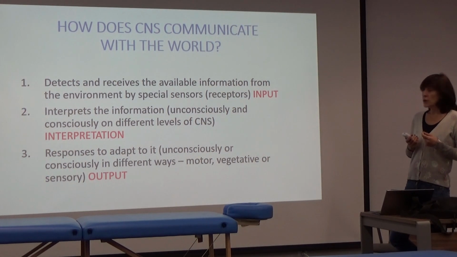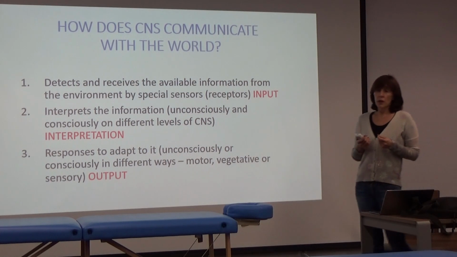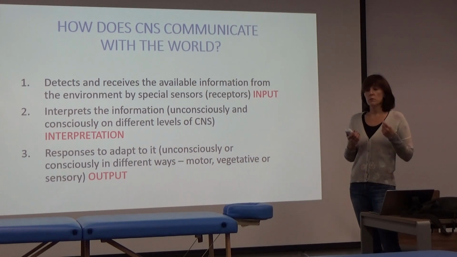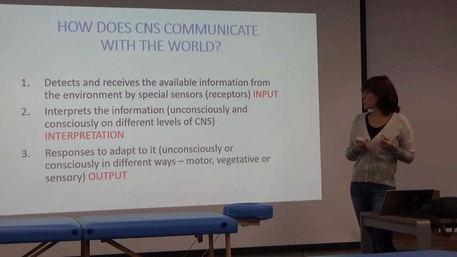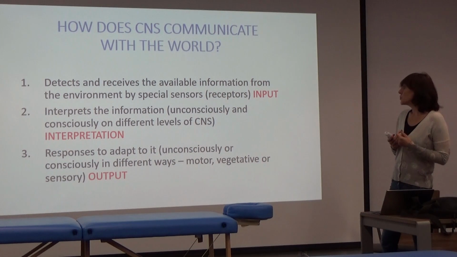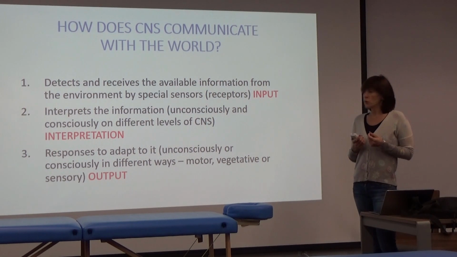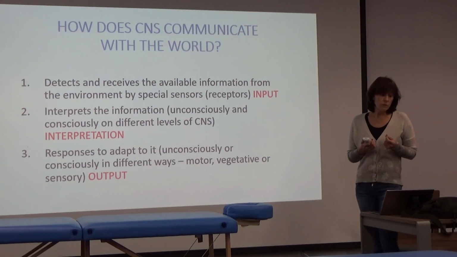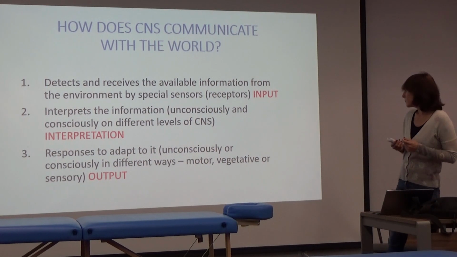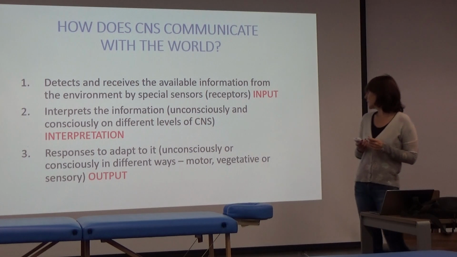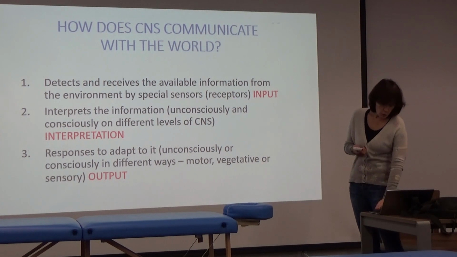Then the interpretation happens on the different levels of the central nervous system, where the brain makes a decision and produces the planning for the response. And then the response is mostly to adapt, consciously or unconsciously, to the changing environment. And we can have the motor, vegetative, or sensory output.